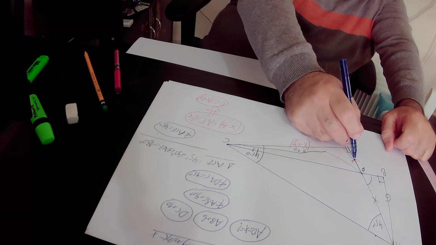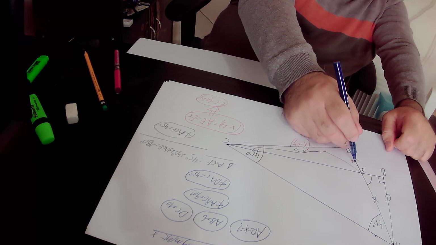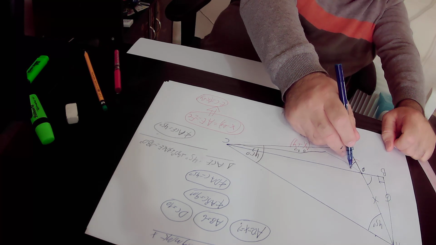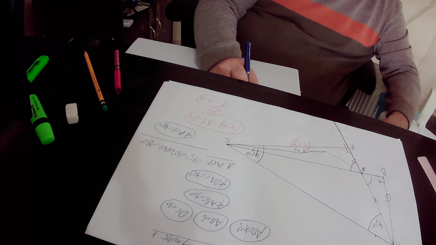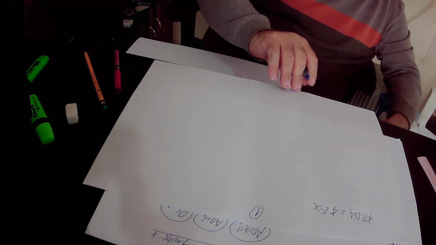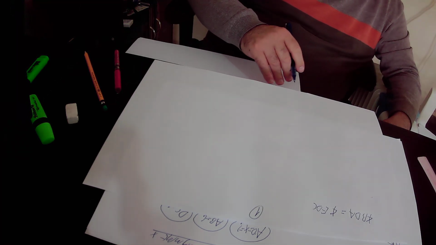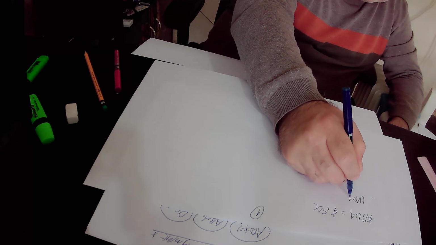This is actually angle EDC. I'll repeat again, angle BDA equals angle EDC according to the rule that vertex angles are equal to each other.